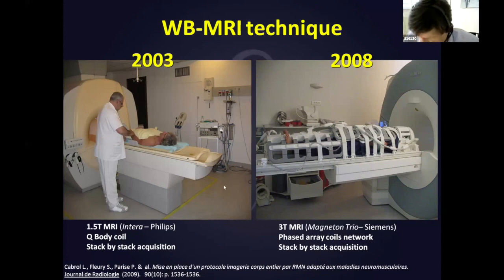At the beginning, the exploration was made with the body coil inserted into the magnet system. Then coverage of the body by a surface coil network appeared and permitted a better resolution and a reduced examination time. You have the body coil network here, and you don't have a surface coil on the patient.